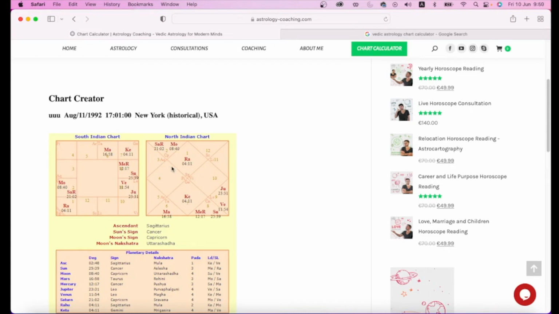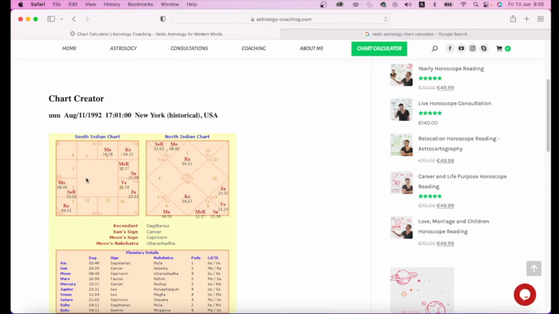Basically they show the same thing, just in a different form. Here it is a rectangle, I think, and here it's like a diamond. You see in the middle there is a diamond, but they show the same positions of the planets.